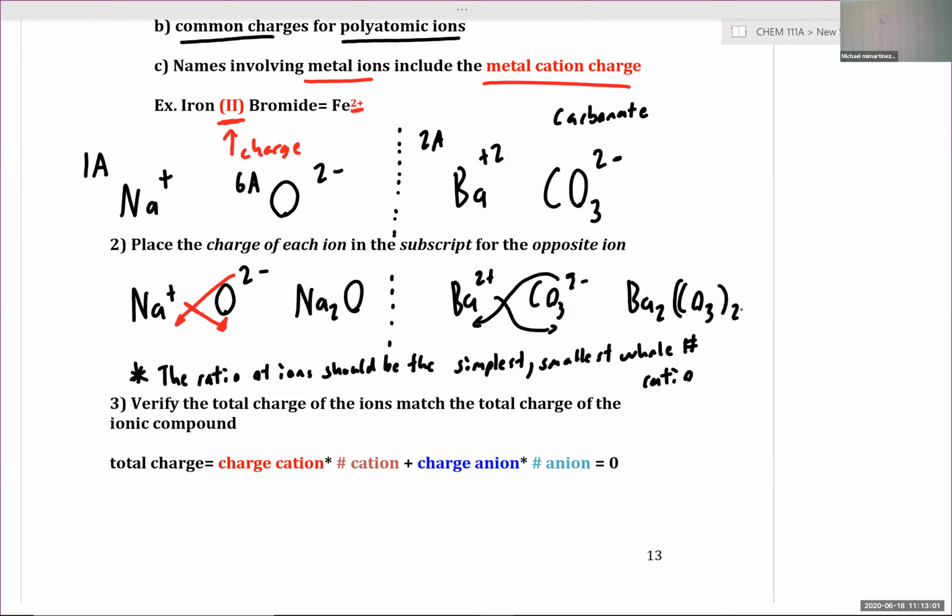What can we simplify this 2 to 2 ratio to? 1 to 1, exactly. So a more accurate formula would be barium carbonate, which is a 1 to 1 ratio. So you always want the simplest ratio of ions, as long as it's the smallest and simplest whole number ratio.